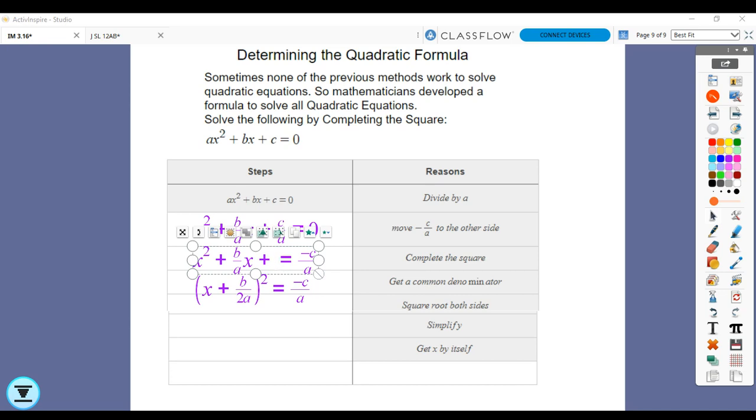So I'm going to fix this and complete the square. So that's b squared. You can see all the issues we have when we're dealing with this. b squared over 2a squared, and 2a times 2a is 4a squared. And I have to add that to both sides.